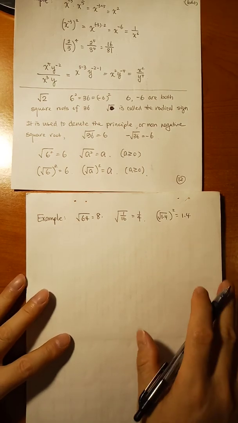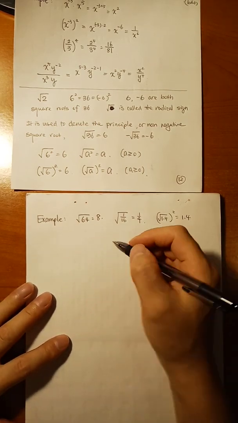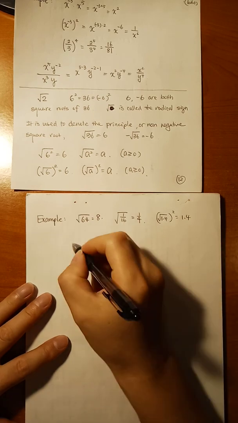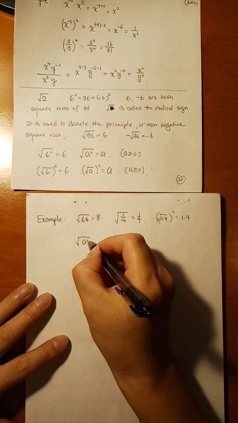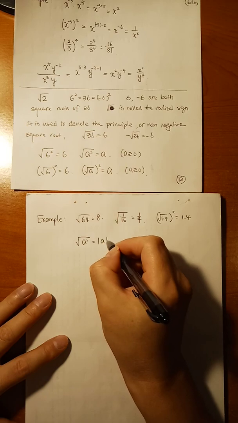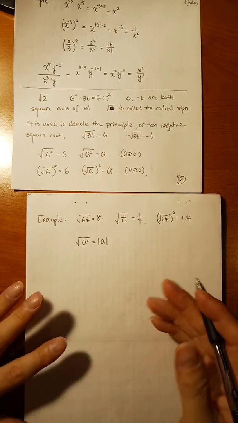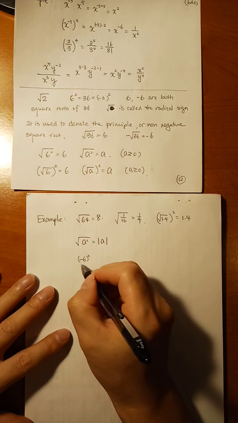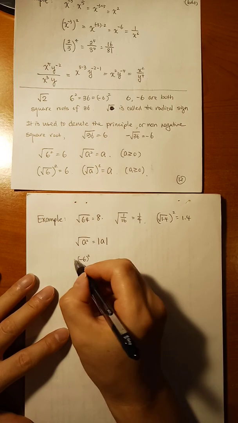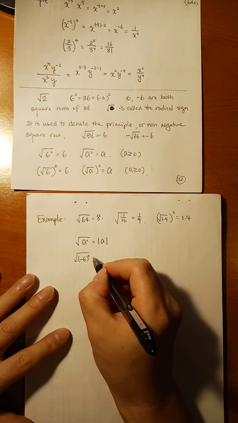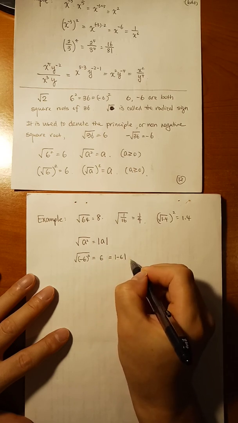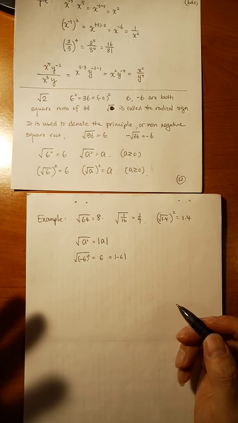And here, there is an interesting connection between square root and absolute value. The square root of a squared is always the absolute value of a. How do we get this? Check here. It's negative 6. Negative 6 squared is 36. The square root of 36 is 6. And we also know that 6 is the absolute value of negative 6.